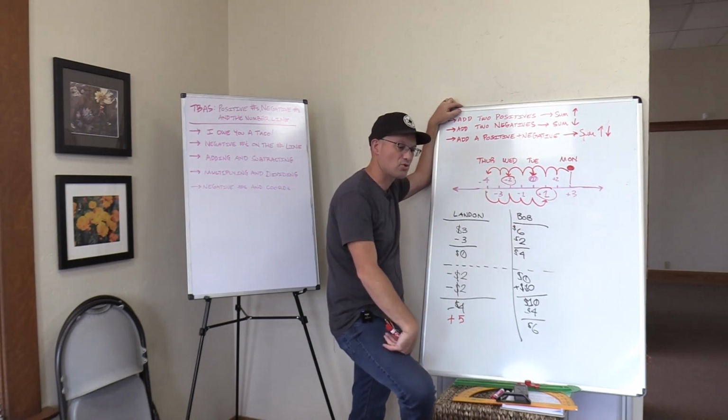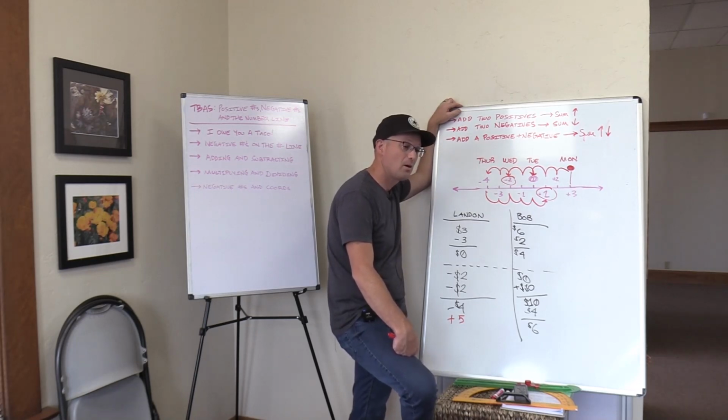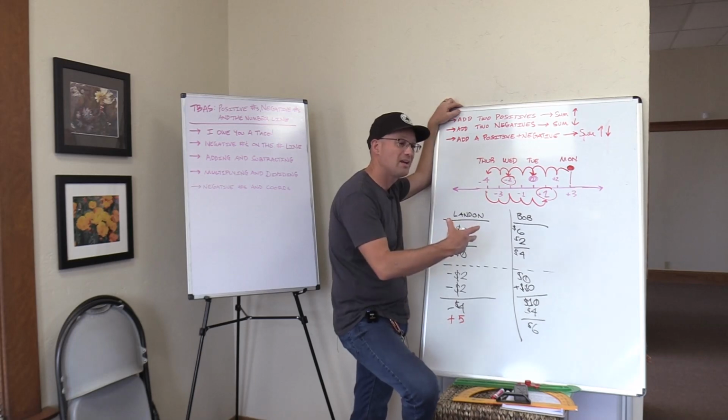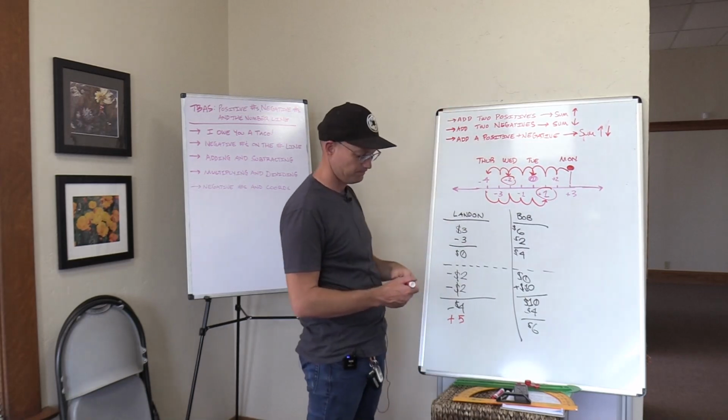So your sum is going to be lower. If you're multiplying a negative number by a negative number, you're taking away the negatives, so your number is going to get bigger.